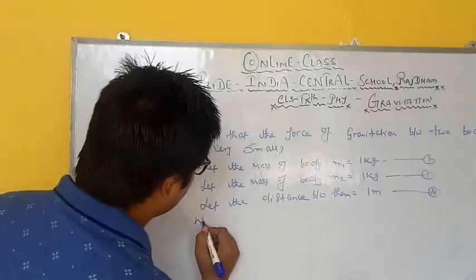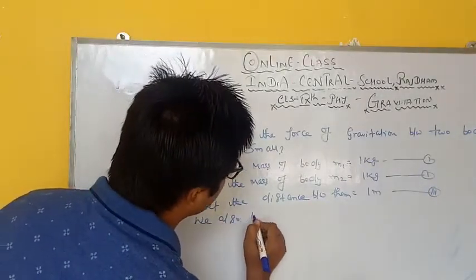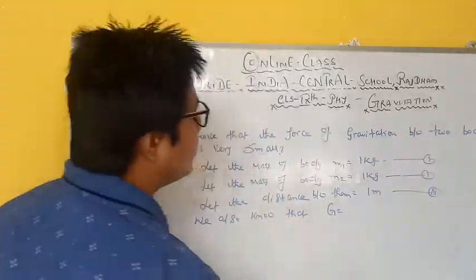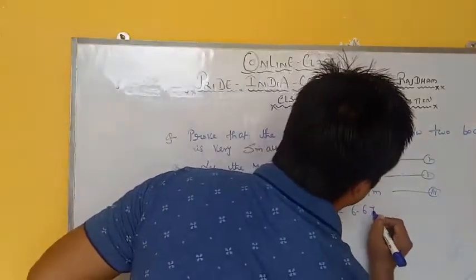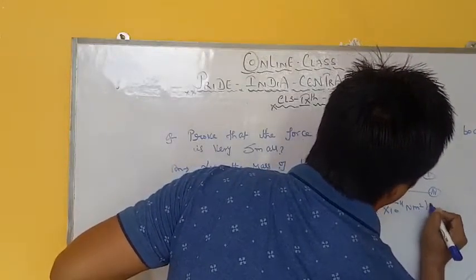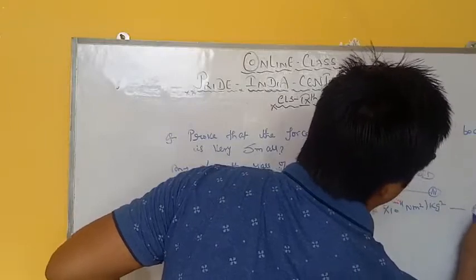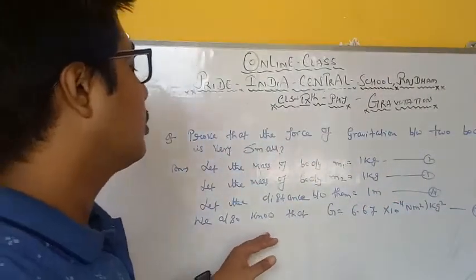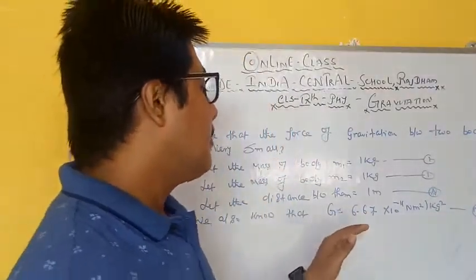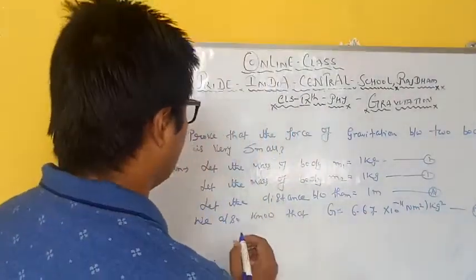We also know that G is equal to 6.67 into 10 to the power minus 11 Newton meter square per kg square. Just now we have studied this.